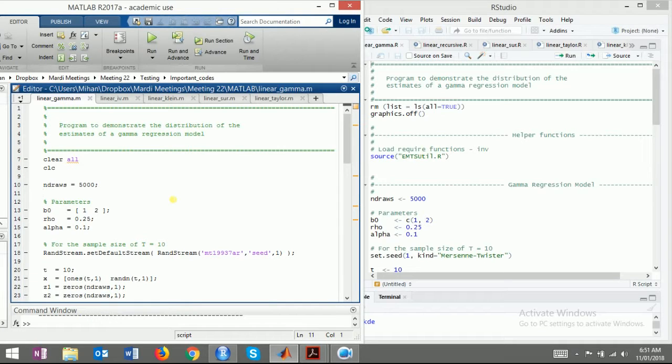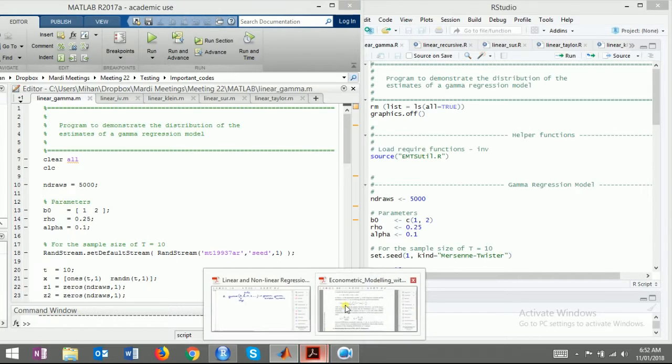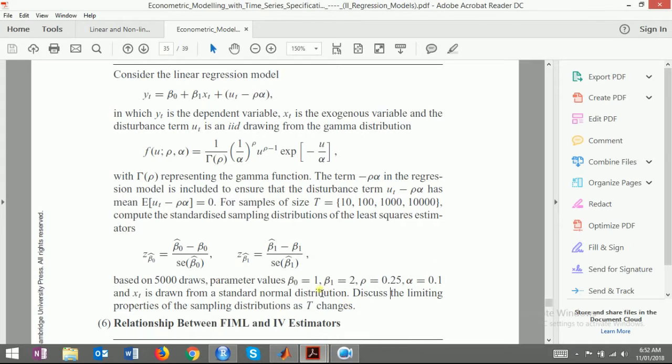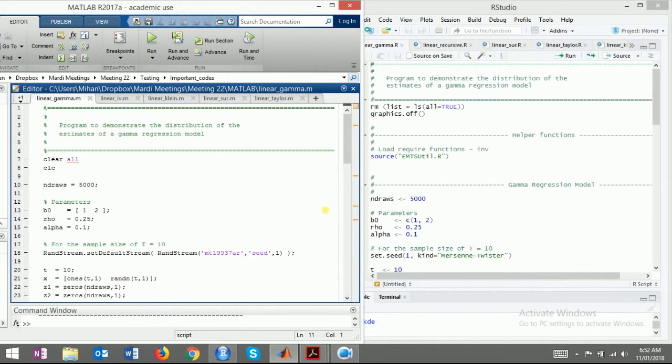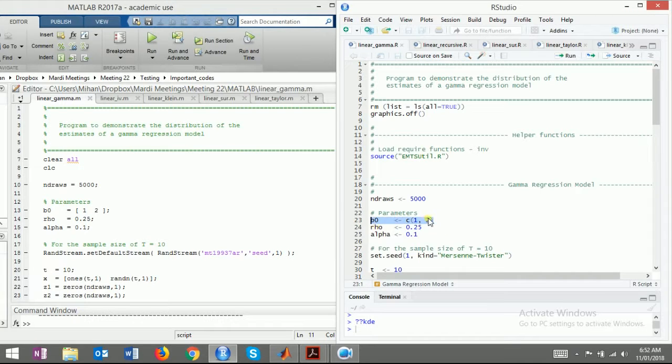Parameters given to us: beta naught 1, 2. Beta naught 1, 2 means beta 1 and beta 2. I'm just creating a vector to make things much easier. So here c, or combine, 1 and 2.